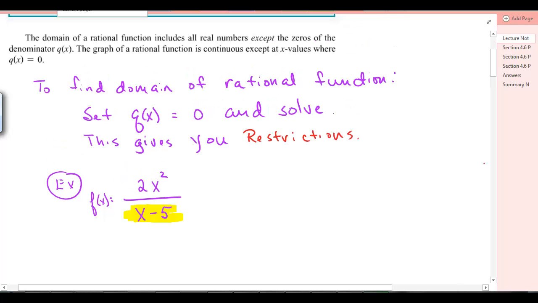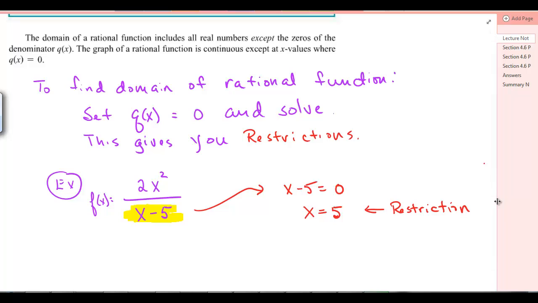So let's look at this example. Here is a rational function. And so we're going to take this denominator and set it equal to 0 and solve it. This gives us the restriction. That's the thing that x cannot be.